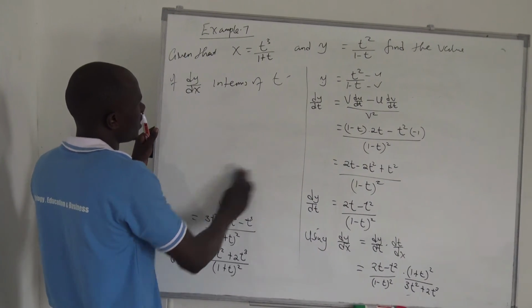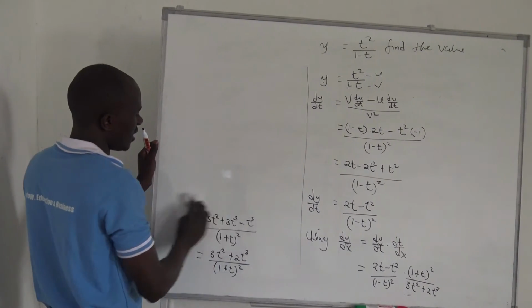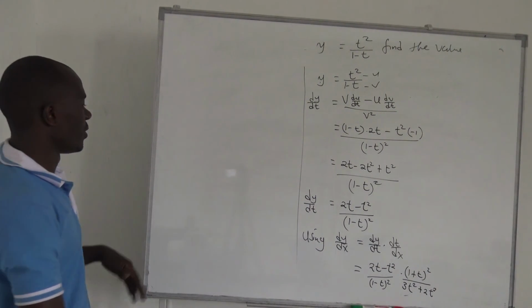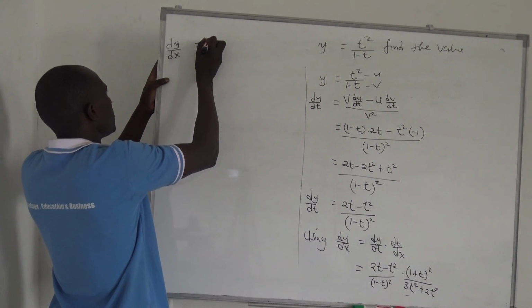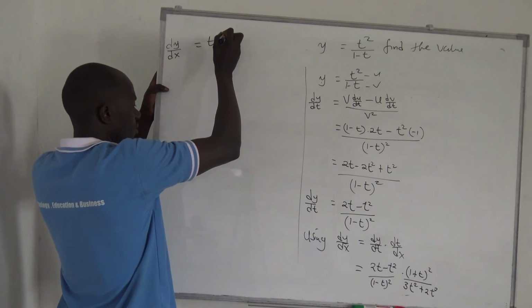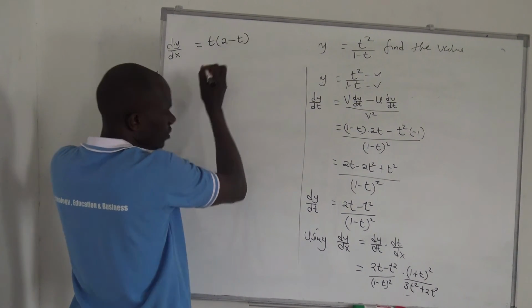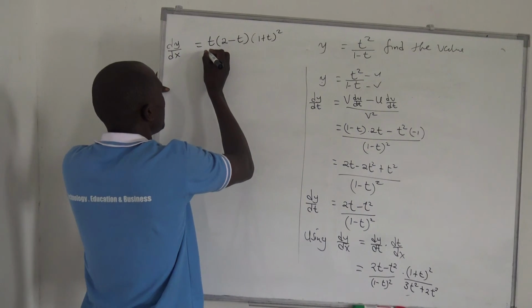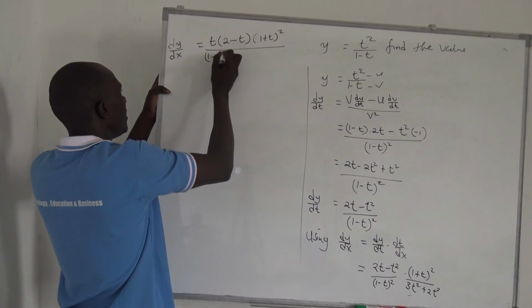What is common is a t: t into 2 minus t, into 1 plus t, the whole of it squared, all over 1 minus t squared.